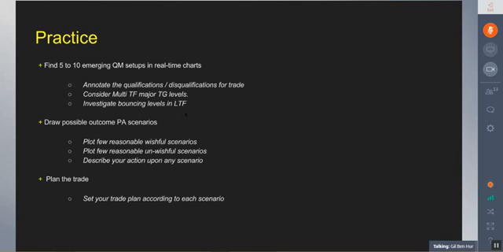Sometimes you really need to, but try to be as precise as you can, a pip precise on the level. And if you leave some room for spread, just mention that so we know it's not part of your analysis.